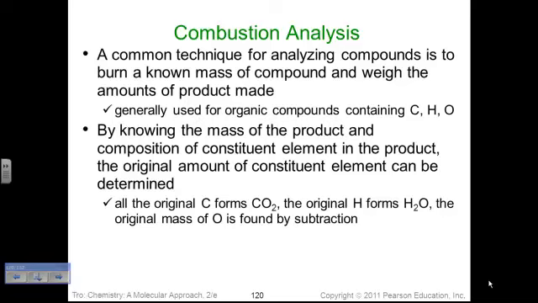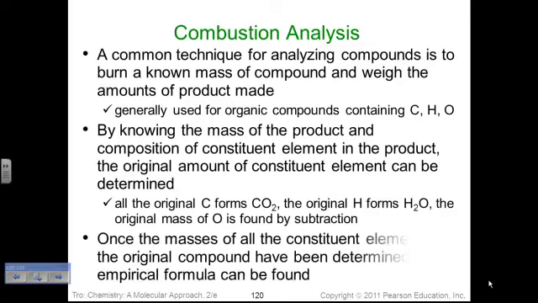And the original mass of oxygen is found by subtraction. So we need to work out with combustion analysis all of the masses of the constituent elements, C's and H's and O's, and then the straight math as we've done before. Grams convert to moles, divide through by the lowest mole number, and those become the subscripts of our empirical formula.